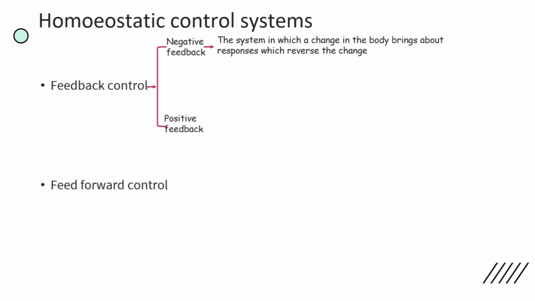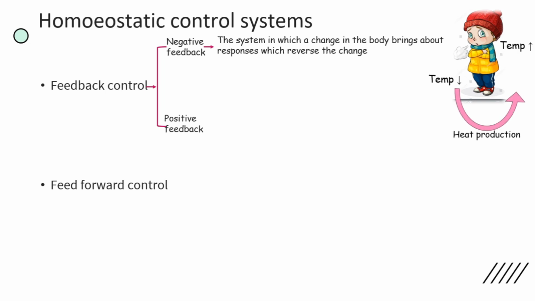For example, when the body temperature changes, such as in a cold environment, what happens? Our body loses heat. We feel cold. Our body temperature reduces. Now, in order to maintain a constant temperature, the responses initiated by this decreased body temperature lead to an increase in our body temperature again through heat production. This is called negative feedback control.